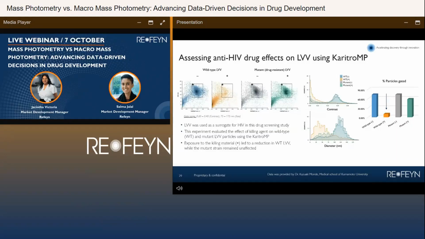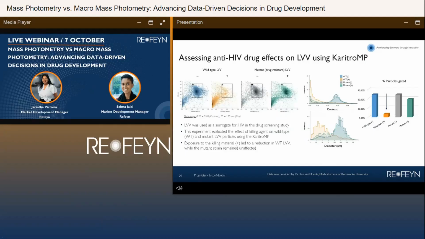One thing to highlight here is you see a significant amount of LVV populations in your gate A. When the wild type and the mutant are treated with the anti-HIV drug, the mutant is resistant, whereas with your wild type, you see a significant drop in the population, which is more evident as seen in the bar chart on the far right. You have the wild type not treated, wild type treated, mutant not treated, and mutant treated.